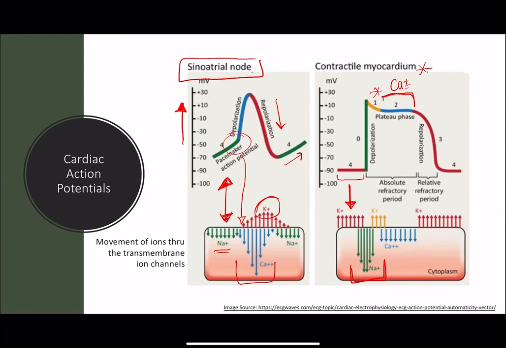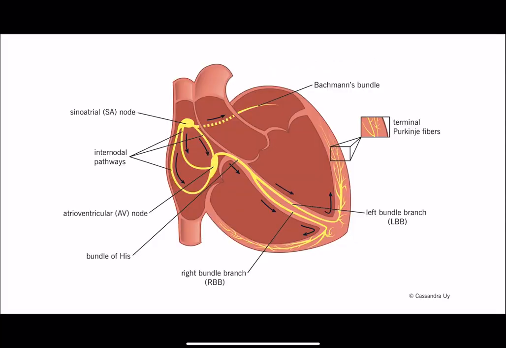So it holds you in this plateau where you stay in a positive membrane potential longer, protecting that cell from having another action potential. But eventually the calcium channels do close, and the repolarization is due again to that outward leak of potassium. So this is a textbook image of the electrical circuitry of the heart.